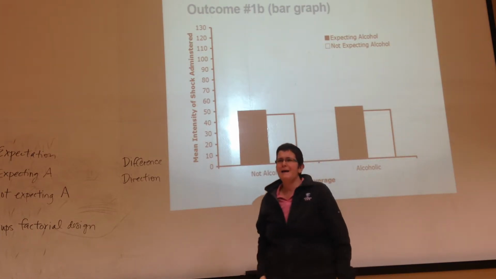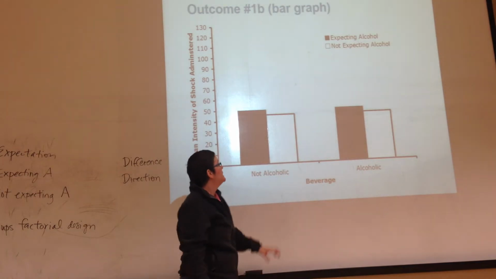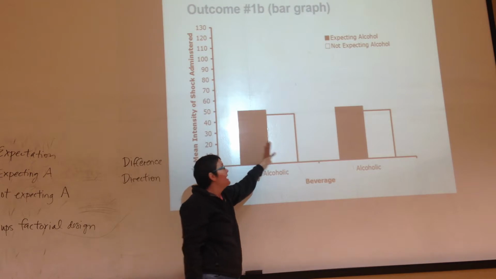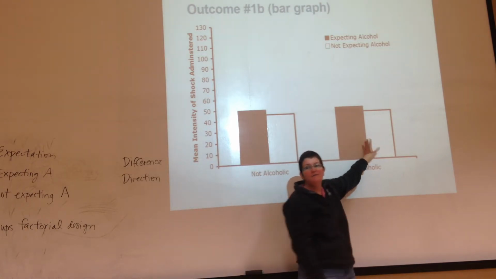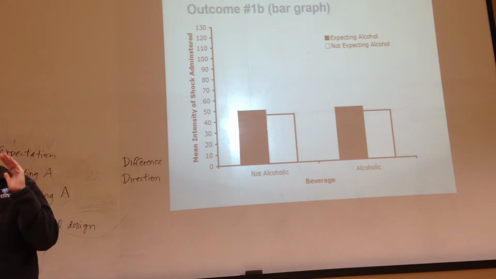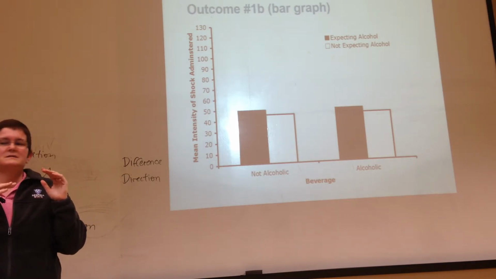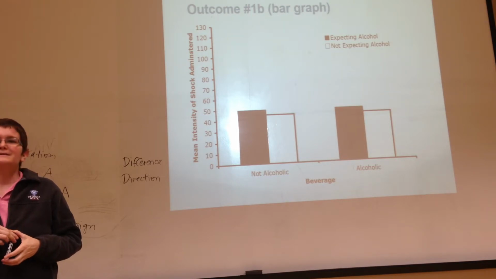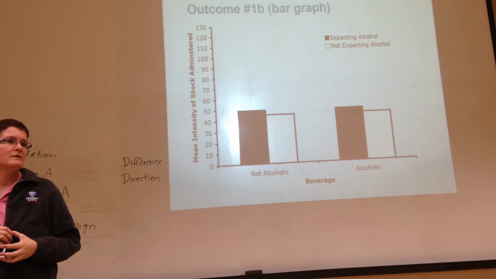So in your head, imagine one gray bar, that's the fusion of those two things together, and a gray bar, that's the fusion of those two things together. Okay, imagine that in your head. Do those two gray bars look about the same? Yeah. And that's because there's no main effect here. It doesn't matter whether you got non-alcoholic beverage or an alcoholic beverage.